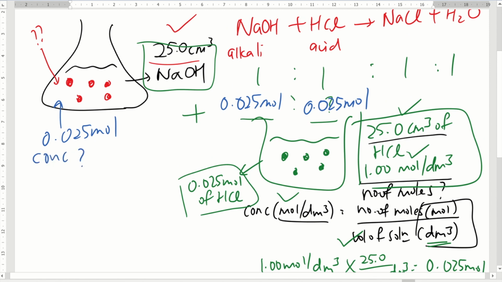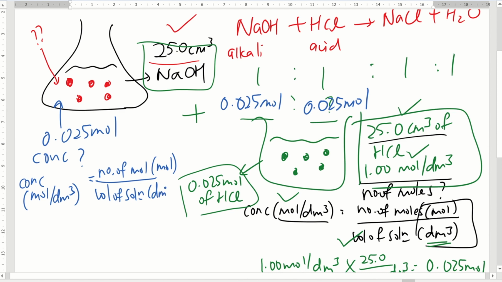So what is the concentration of this NaOH? Same thing, concentration is mole per dm cube, which is number of moles over volume of solution. Now from the HCl, I calculated the mole ratio.